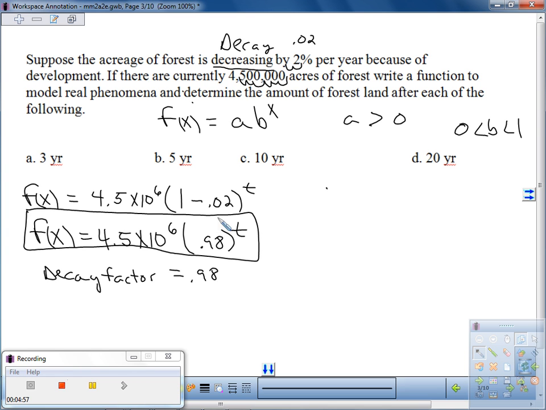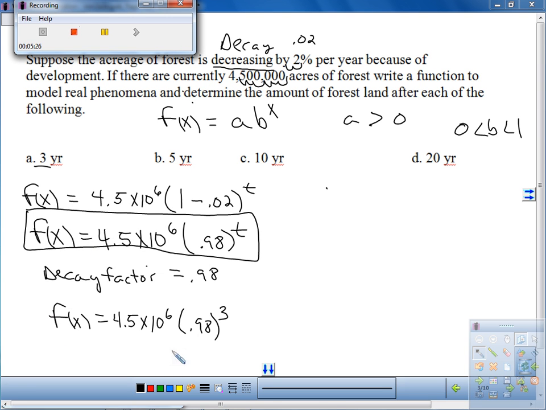Now, to use this for part A, what we would simply do is take our function 4.5 times 10 to the 6th, and we're going to take 0.98 to the 3 years, so that's going to be our power, our exponent. Okay, and we plug that into the calculator, and that'll help come up with an answer for this particular one.